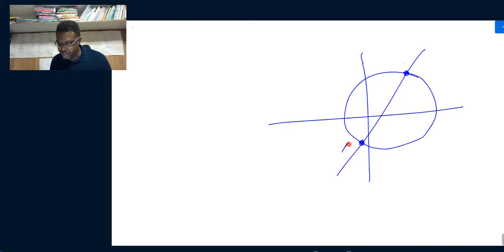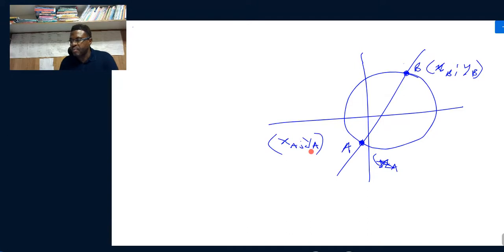You want to determine point A, you want to determine point B, meaning that you want the corresponding coordinates, XA, YA. You see? So it may happen that you want this.